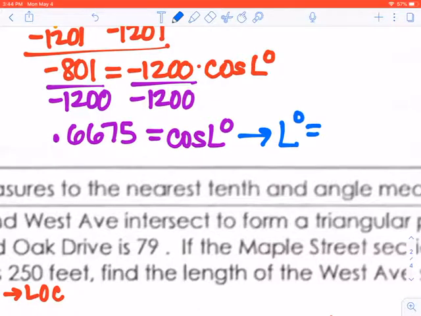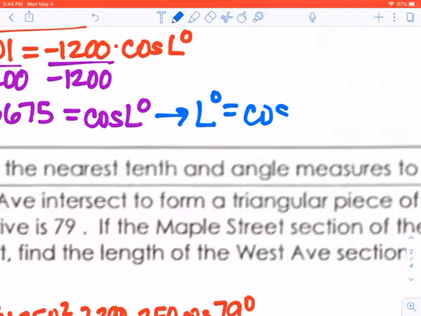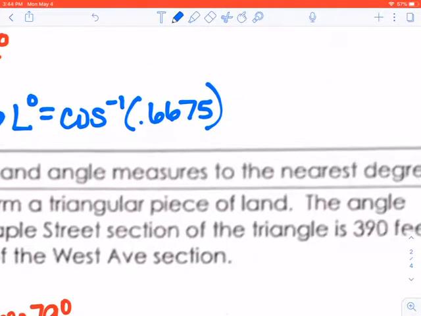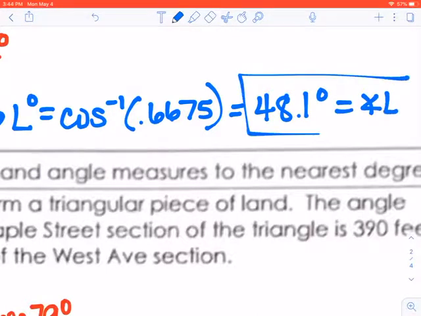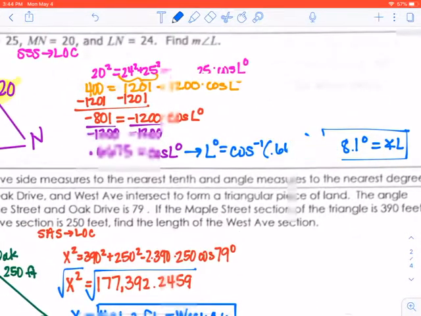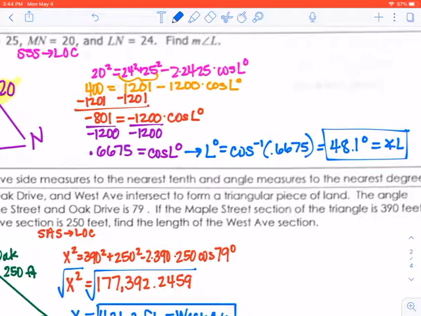L is going to equal the inverse cosine of that 0.6675. So you go to your calculator, you type in inverse cosine of that last answer, the 0.6675, and you'll see that it's 48.1 degrees. This is angle L. Okay. So make sure you do your order of operations there carefully.